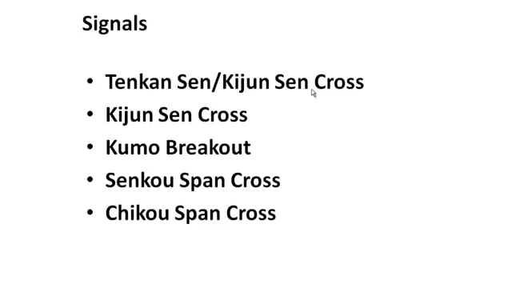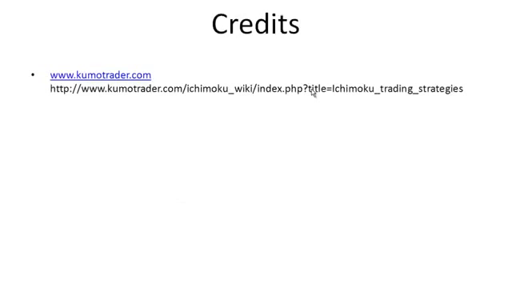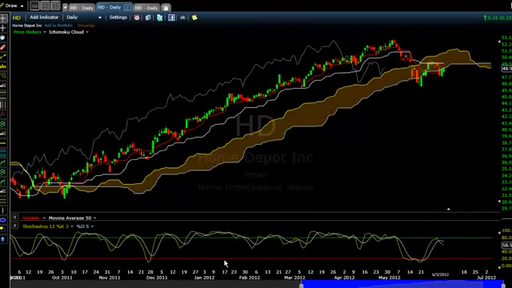And the Chikou span cross, where Chikou actually crosses through price, and it's used for confirmation as well. Some credits: some of this information was taken from kumotrader.com, which gives you all the detailed information about signals and so forth. So let's take a look at a few charts, and we'll discuss Tenkan-sen, Kijun-sen, Chikou, span A and span B, and the Kumo, to give you a sense of the use of Ichimoku.